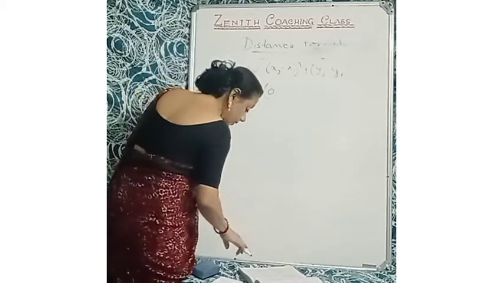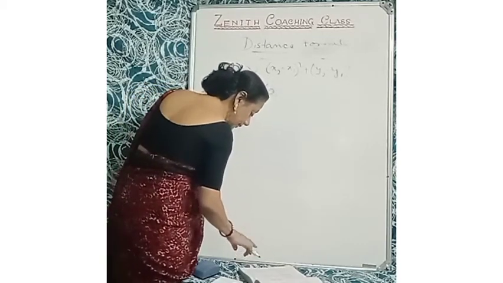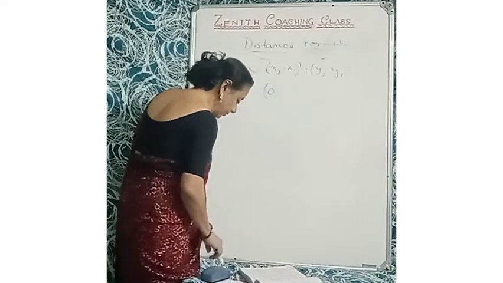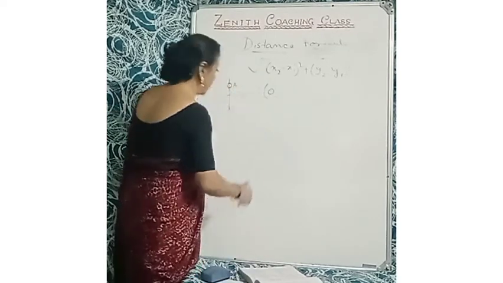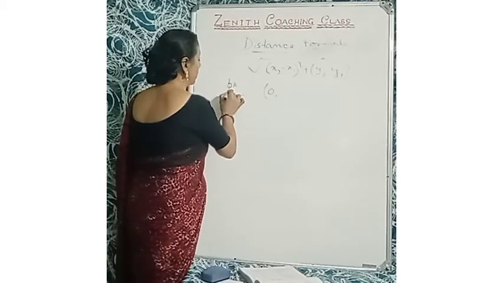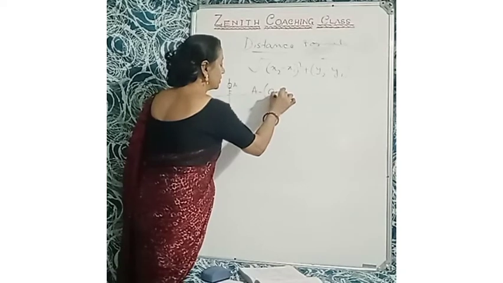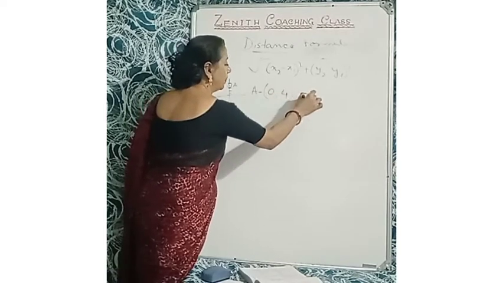B is a point on the abscissa. It is 4: 1, 2, 3, 4. So A is (0, 4).